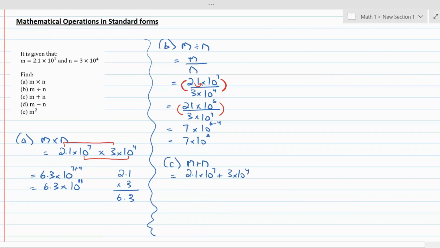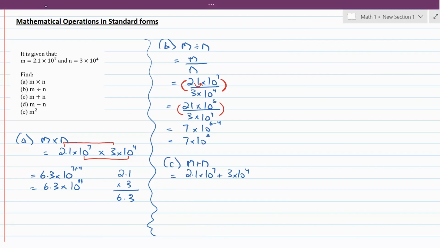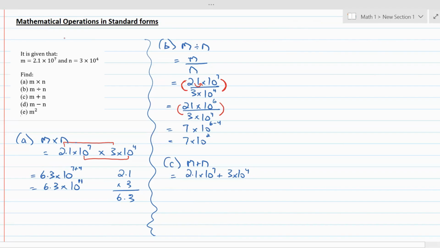Now the basic idea for addition and subtraction is the same, and that is, for the two different standard forms, we try to pick the lower tens power common. If you look at both these numbers, one standard form has 10 power 7 and the other has 10 power 4. So the lower of the two is 10 power 4.